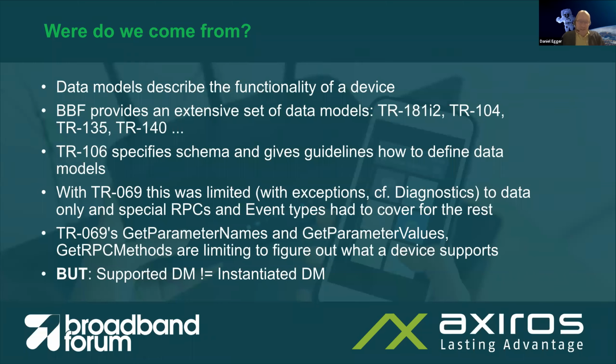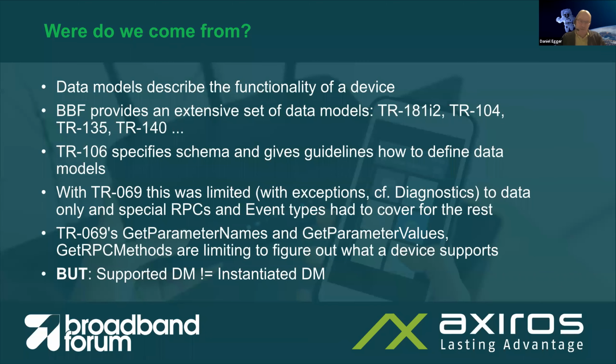So in TR-69, we had a few RPCs that were capable of interacting with the data model. Those were GetParameterNames, which allows you to traverse the whole tree or just a subtree of the data model and figure out what parameters are currently instantiated in the device.